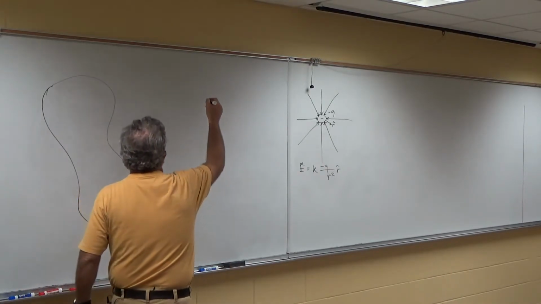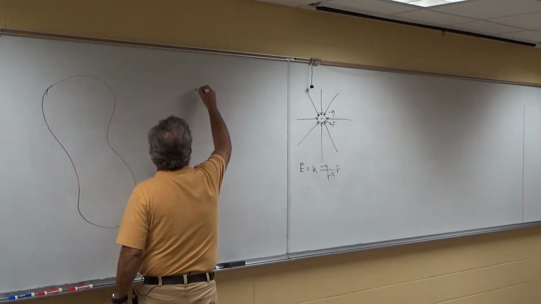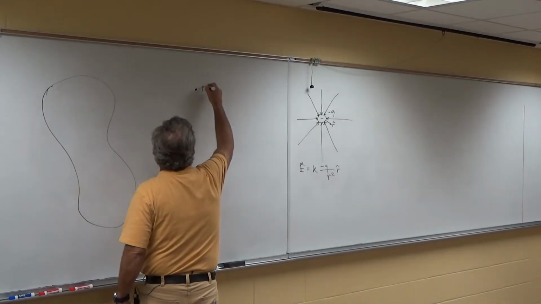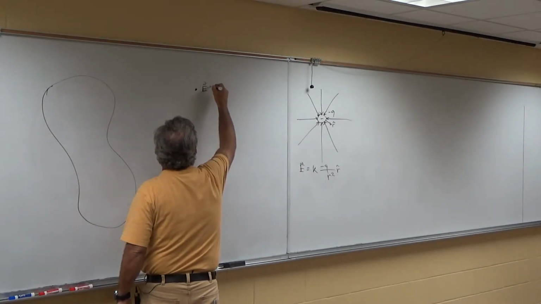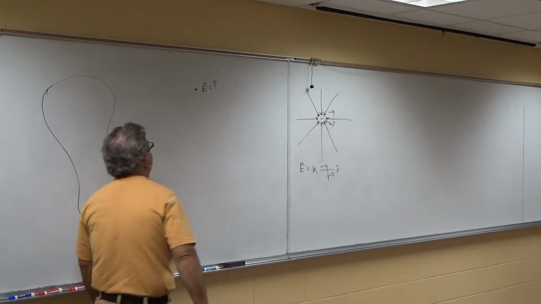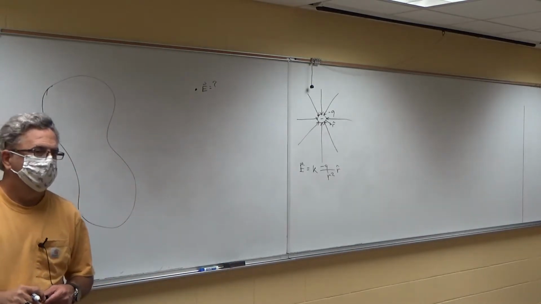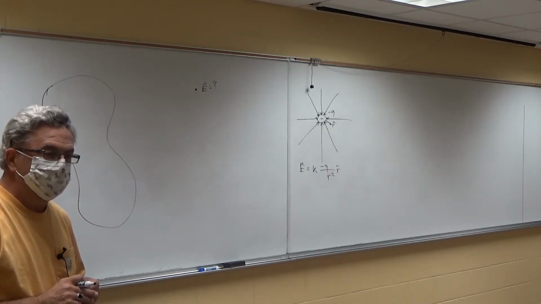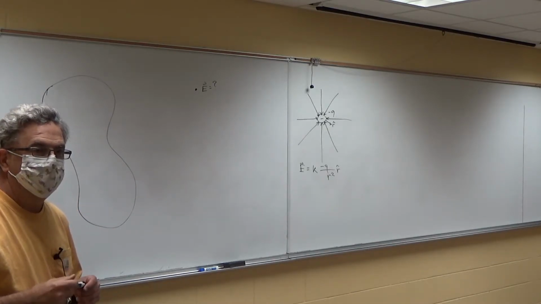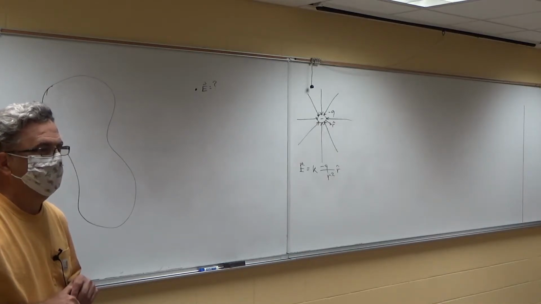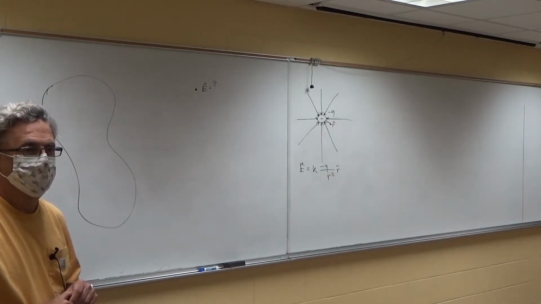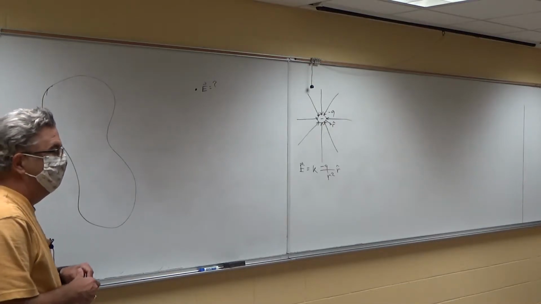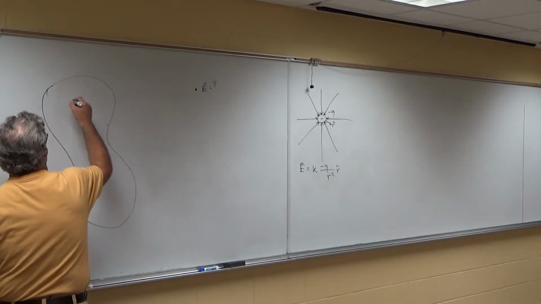And I want to know, due to this blob of charge, what is E out here at this point? Well, I can get an approximation to it by breaking it up into little bits of charge and summing over all those little bits. That's what I'm going to do.